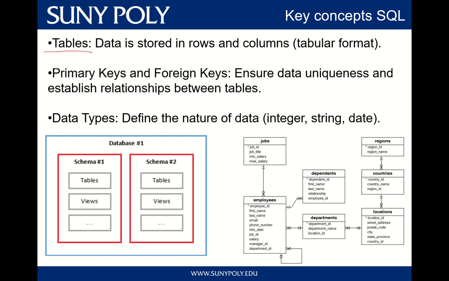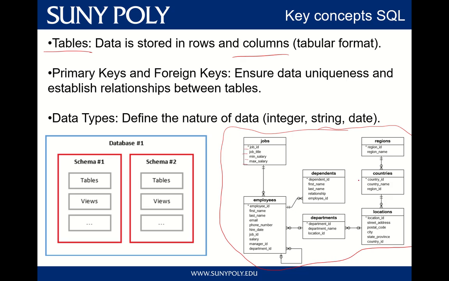Okay, so some key concepts. Tables are really important, of course, because it's where we store our data. In the columns, we have the fields or the variables, and in the rows, we have the observations. So it's a tabular format. We have keys in order to establish relationships among our different tables. This is how a data model looks. Here we have different tables, and in each table we have different variables or fields, right?